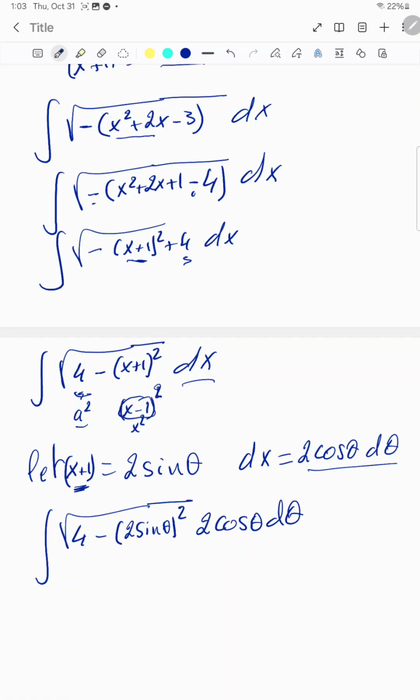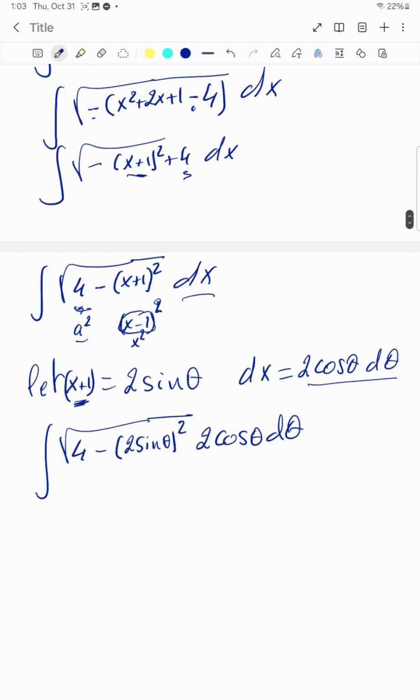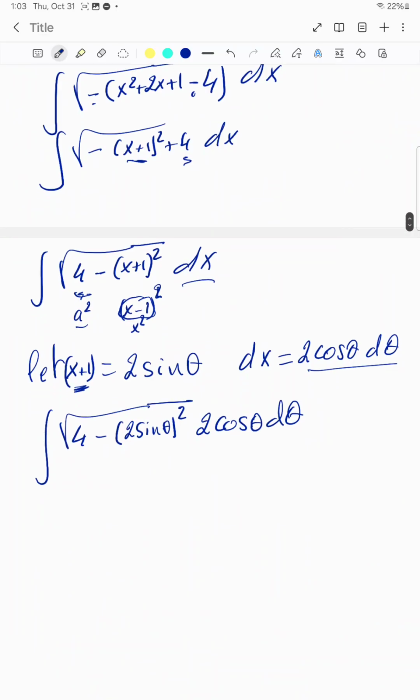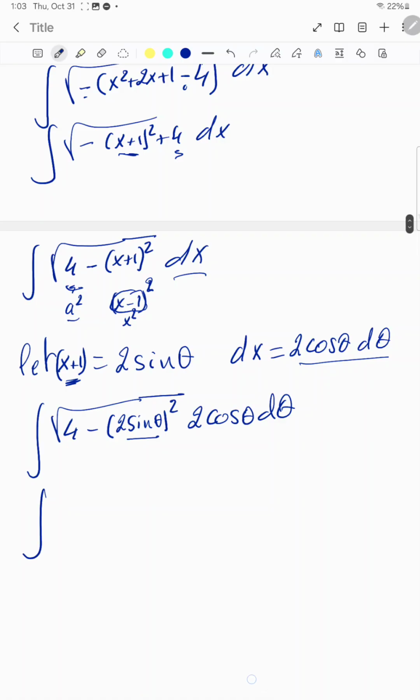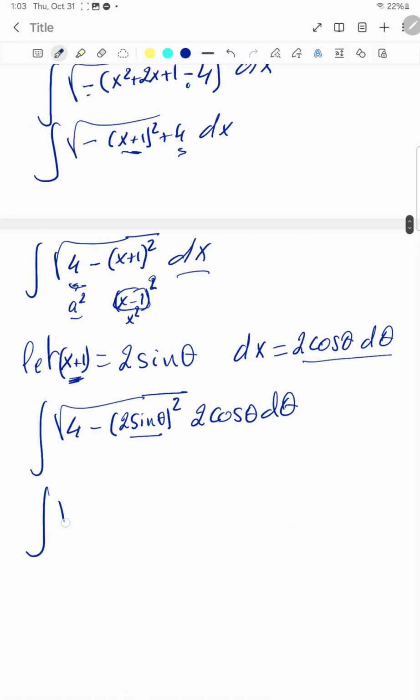Now we use the trigonometric substitution to have a trigonometric integral. Now I have 2 sine theta squared. Let's square it. So it is the square root of 4 minus 4 sine squared of theta, multiplied by 2 cosine of theta d theta.